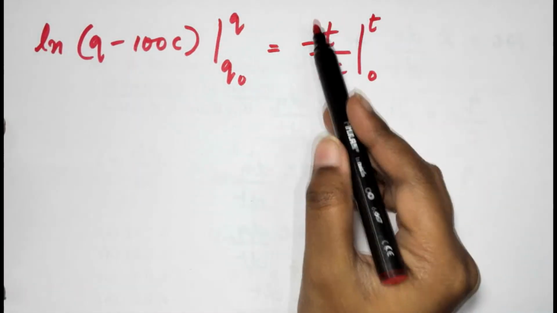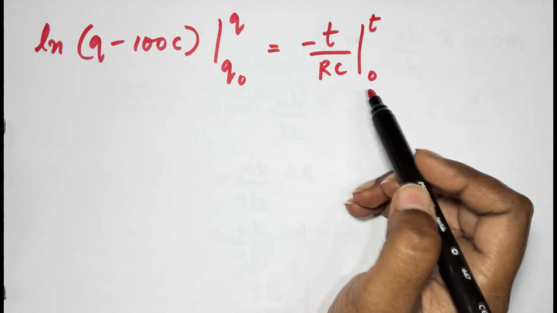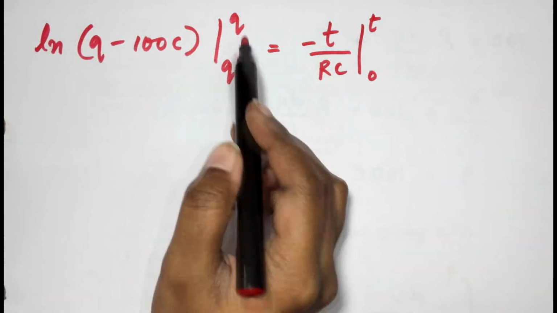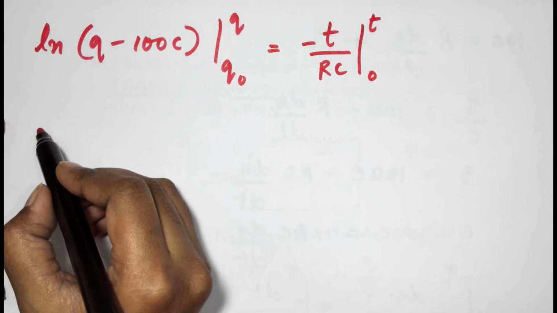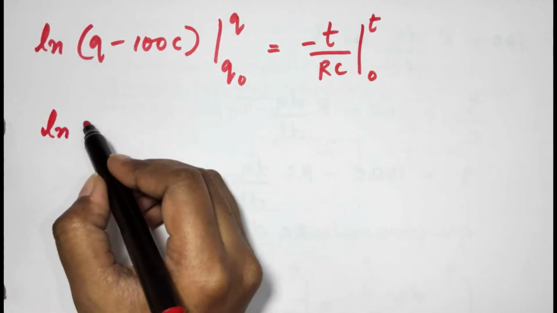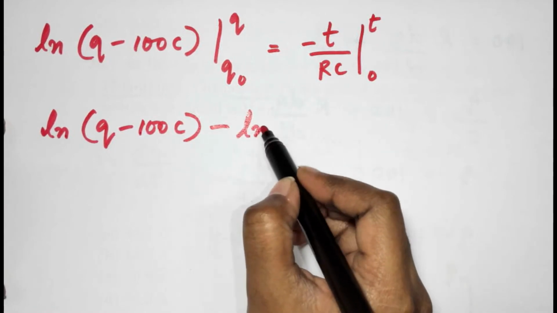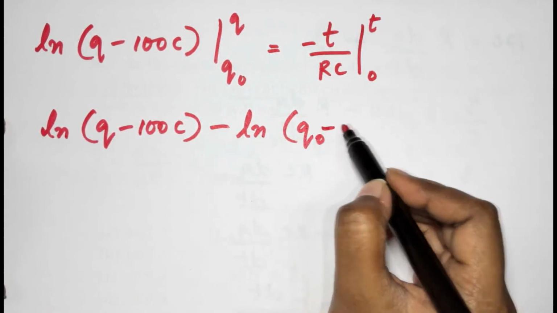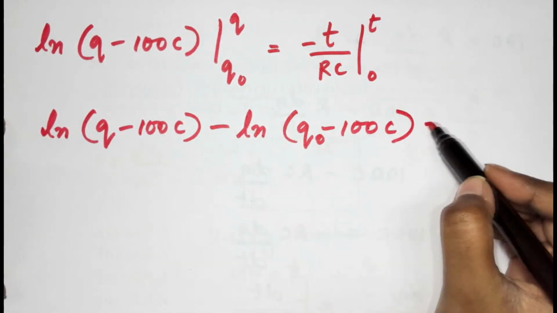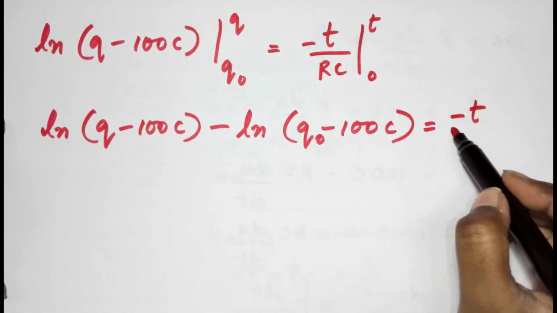Anyway, 0 to t will give us the same expression of minus t by RC. Now let us substitute. We will get ln of Q minus 100C minus ln of Q0 minus 100C is equal to minus t by RC.